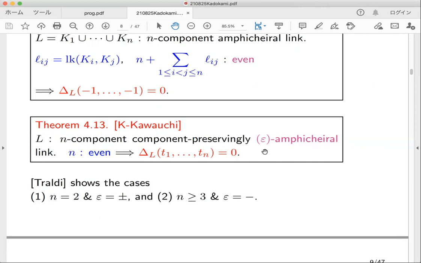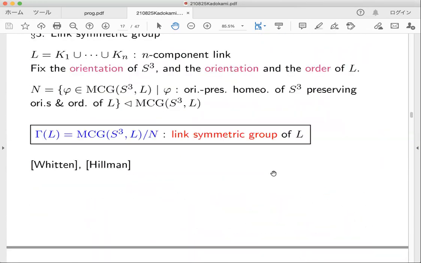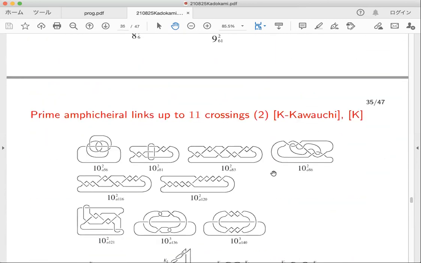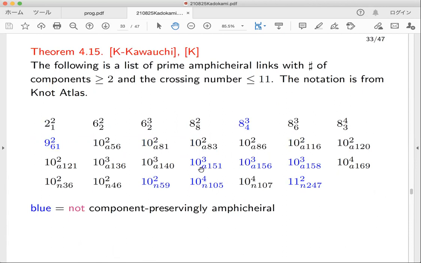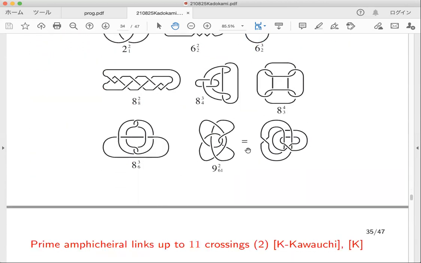So one more question. Is the condition that the amphicheirality is component preserving necessary for your conjecture? Yes. In my table, some links are probably this link.